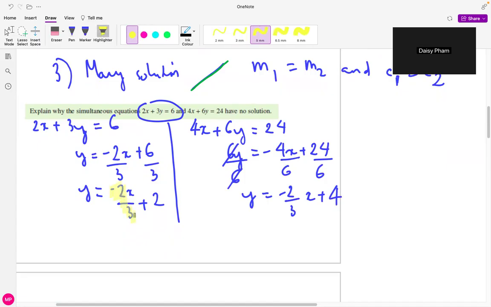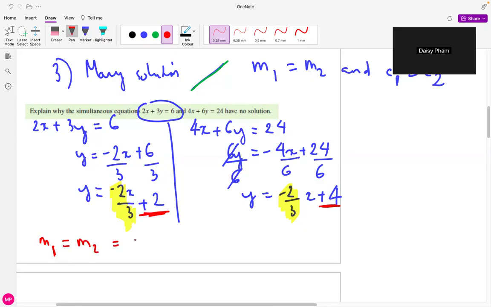You can see the gradient of the first line is negative 2/3, and it's the same as the gradient here. So that's M1, that's M2, M1 equals M2. But you can see the y-intercept here equals 2, but the y-intercept here equals 4. So we explain that M1 equals M2 equals negative 2/3.